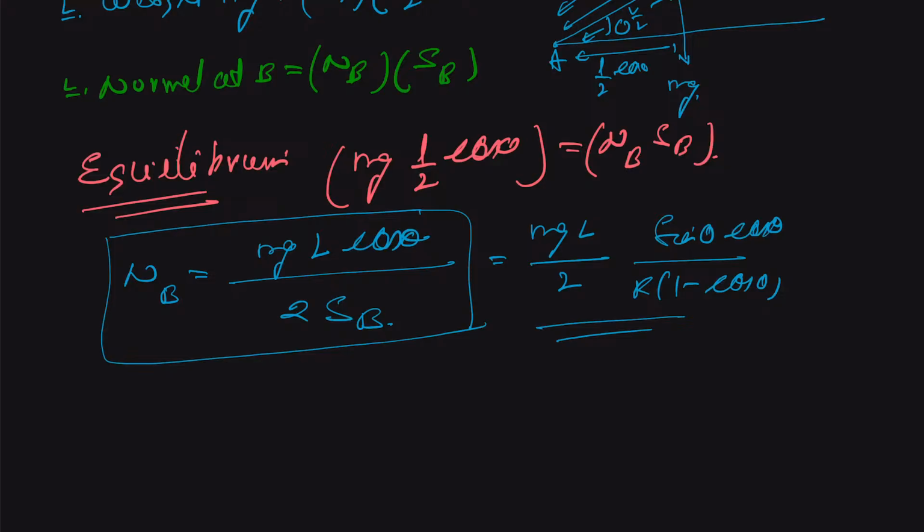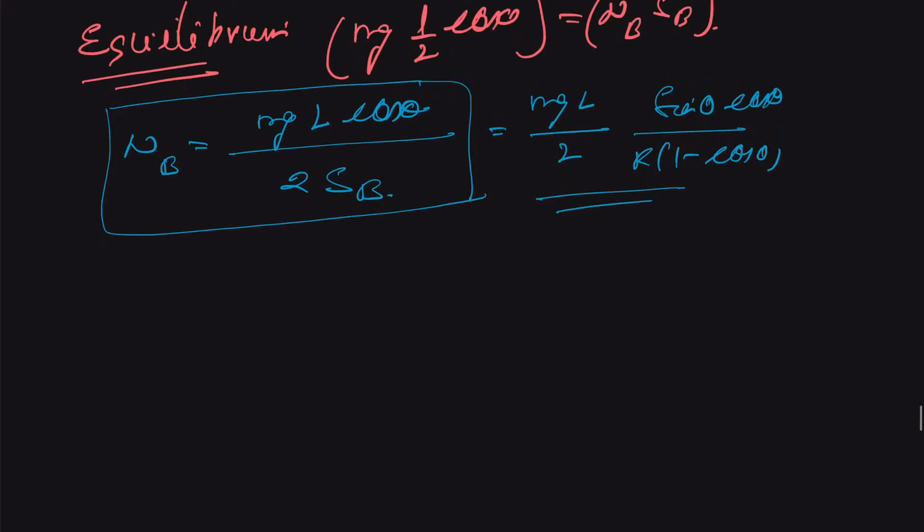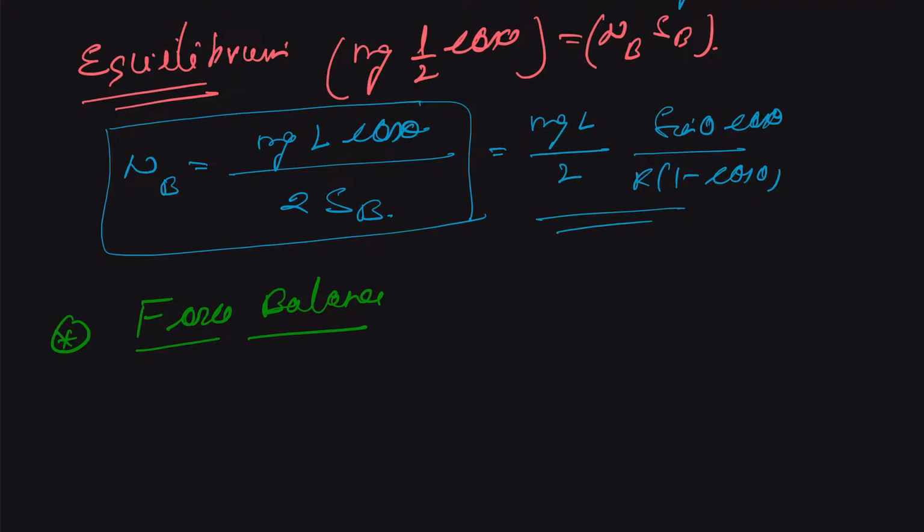And now we can use the force balance equations and solve it further. So we can say force balance. Okay, and this is our horizontal, and we have a rod, and this is our A and point B, angle of theta.